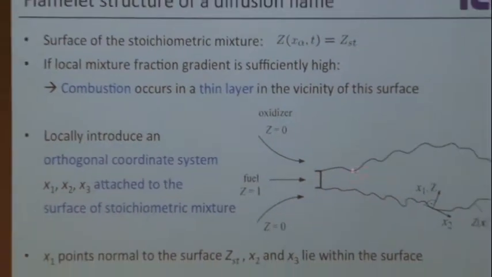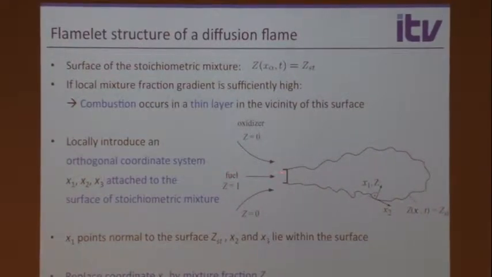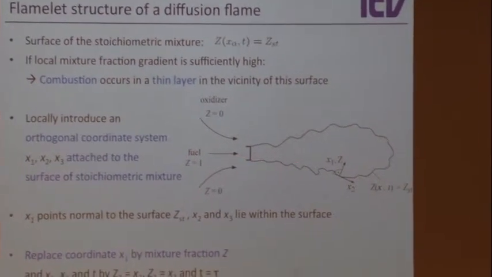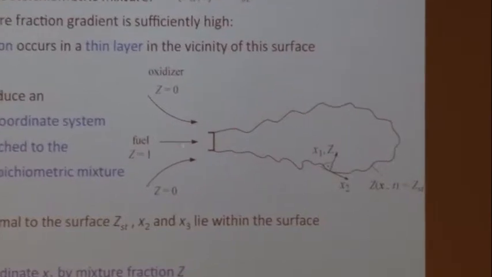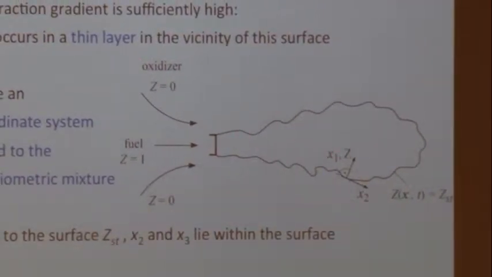So now let's look at this. You have a fuel, let's say a jet flame here, a fuel here in the center, oxidizer here outside. Mixture fraction in the center is 1, outside it's 0. That's just how we defined it. And then there will be a stoichiometric surface somewhere in between these two, and stoichiometric is where you have all the combustion happening now. So this is what we want to do.